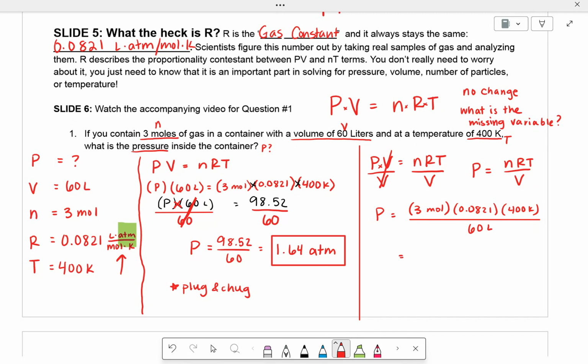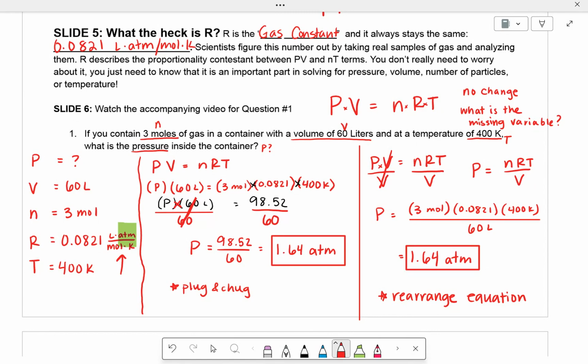And from here, you can plug this all into your calculator, multiply across the top first, then divide, and you should get the same exact answer with the same exact units. And this is our rearrange the equation first version.